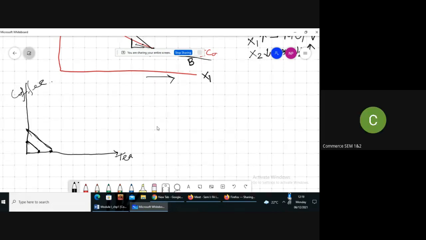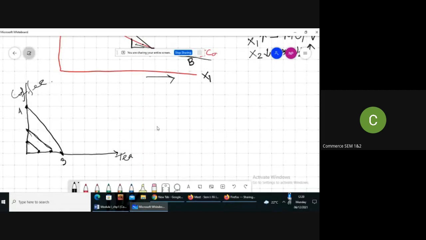Or if the consumer substitutes, say, 4 cups of coffee for 3 cups of tea, then if you draw a straight line like this, this is the consumer's indifference curve. So either the consumer will have 3 cups of tea, or 4 cups of coffee. Okay. He will not have both.